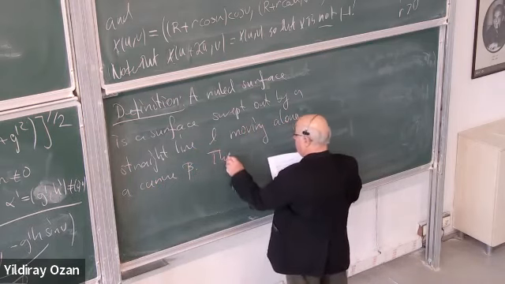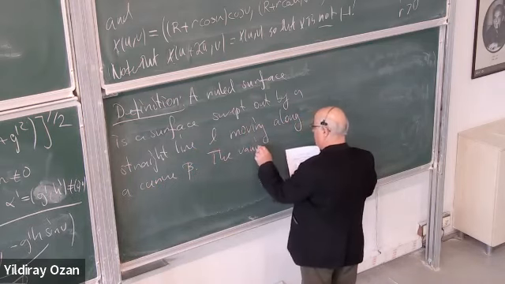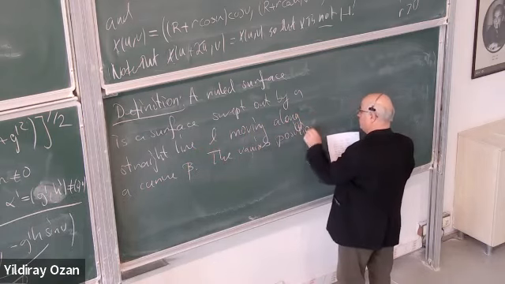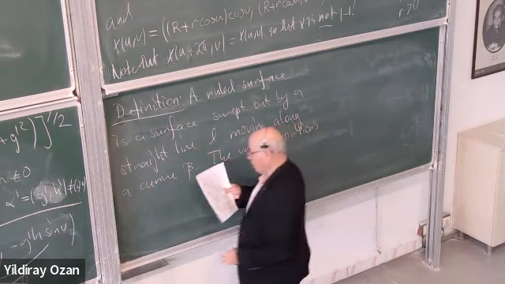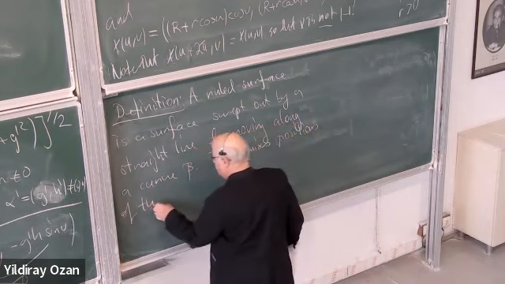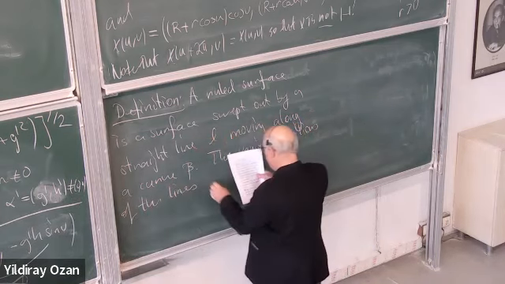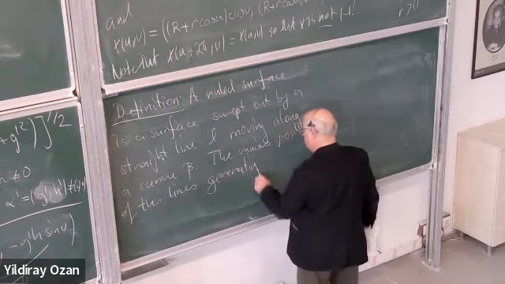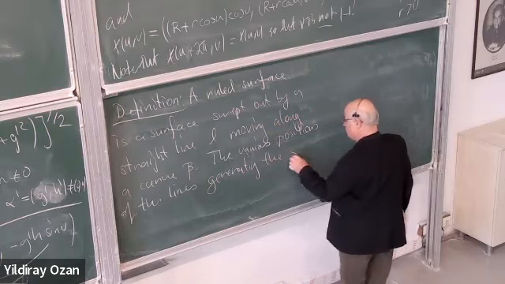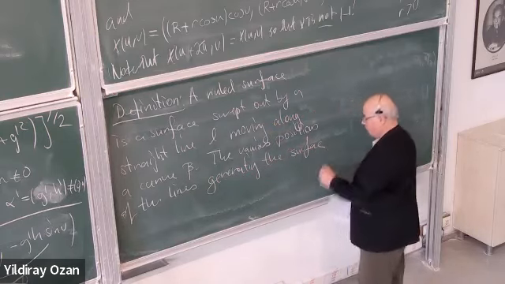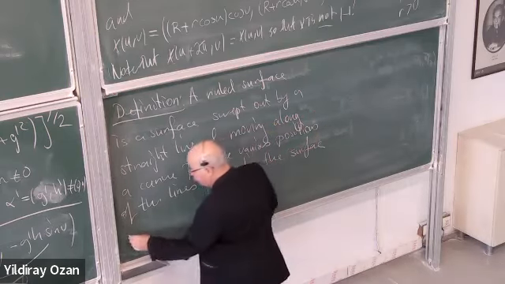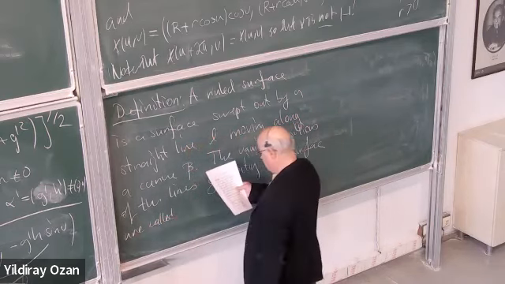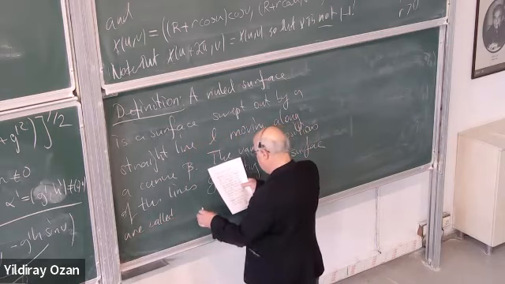The various positions of the lines generating the surface are called rulings.